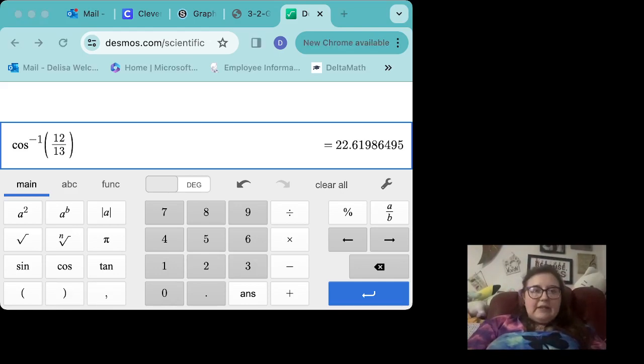And then that is going to give us our angle in degrees, which is 22.6. But we need to round to the nearest whole number. 6 is greater than 5, so it's going to be 23. And that is how you use trigonometric equations to solve for missing sides and angles in a right triangle.